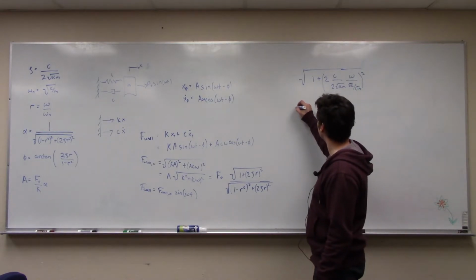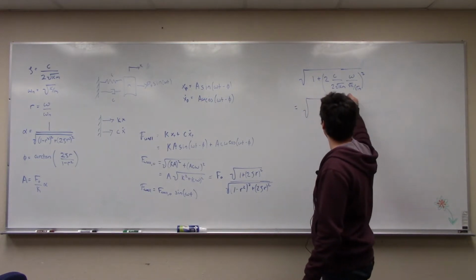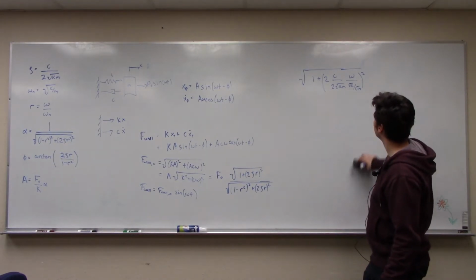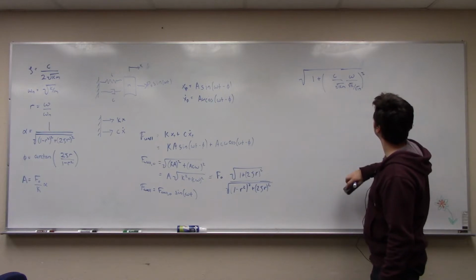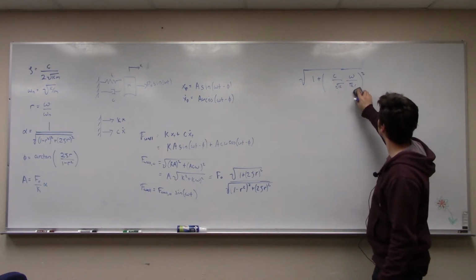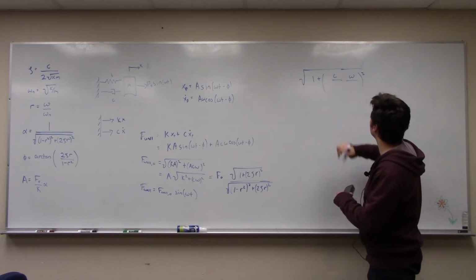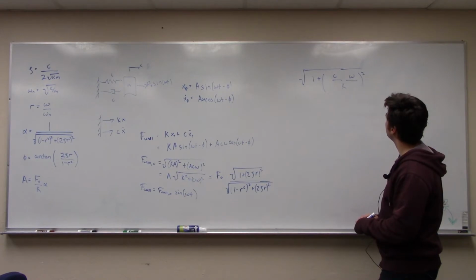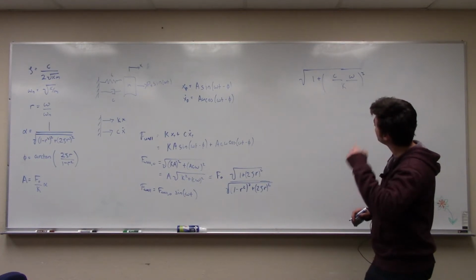Let's simplify in place. The 2's cancel, the k's multiply together, the m's cancel, and this becomes a k.